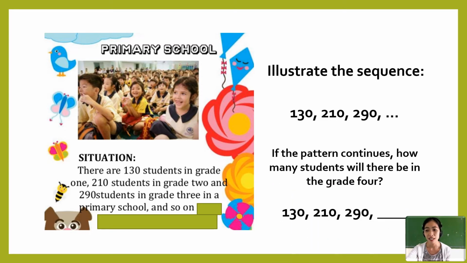If the pattern continues, how many students will there be in grade 4? So what will be the number of students in grade 4? Okay, so you are correct. It will be 370. Okay, next problem.